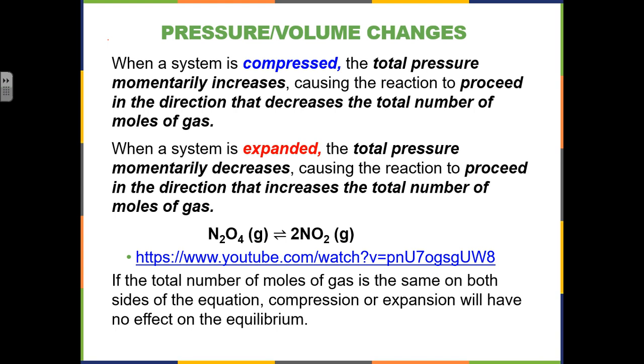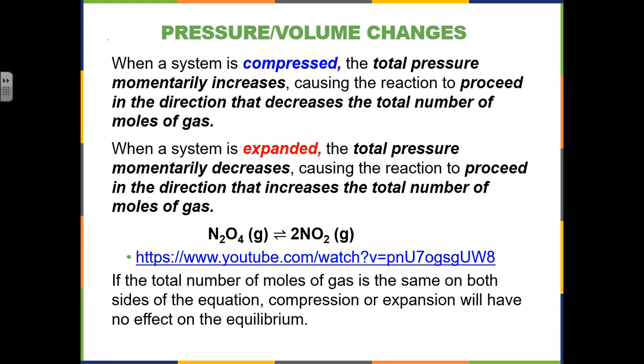When a system is expanded, the total pressure momentarily decreases, and this causes the reaction to proceed in a direction that favors the greater total number of gases. If the total number of gases is the same on both sides of the equation, compression or expansion won't have any impact whatsoever. In this example, this side has 1 and this side has 2. So the product side favors a larger volume.